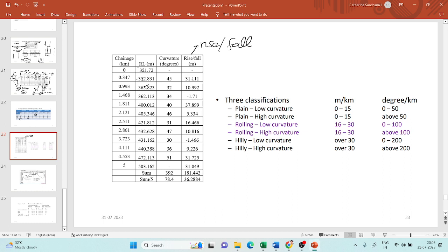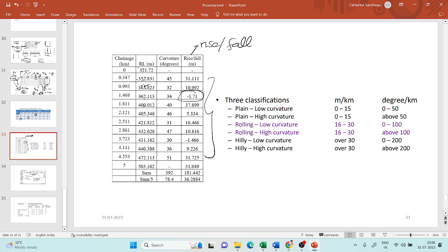Similarly, find out the difference between 362 and 363. Now if you see, from 363, the height has gone to 362, which means the height has reduced. That means that it is a fall. That is why its value is negative. Now you find out the difference between the consecutive terms, and you add all these up.